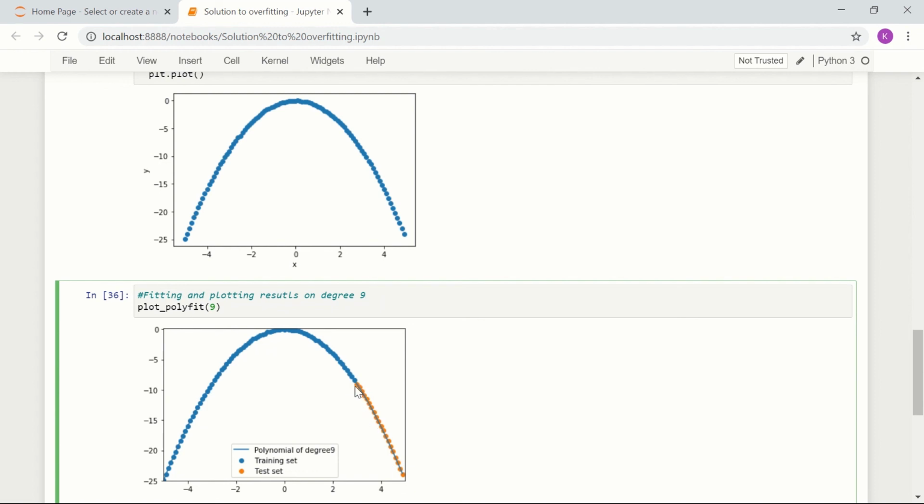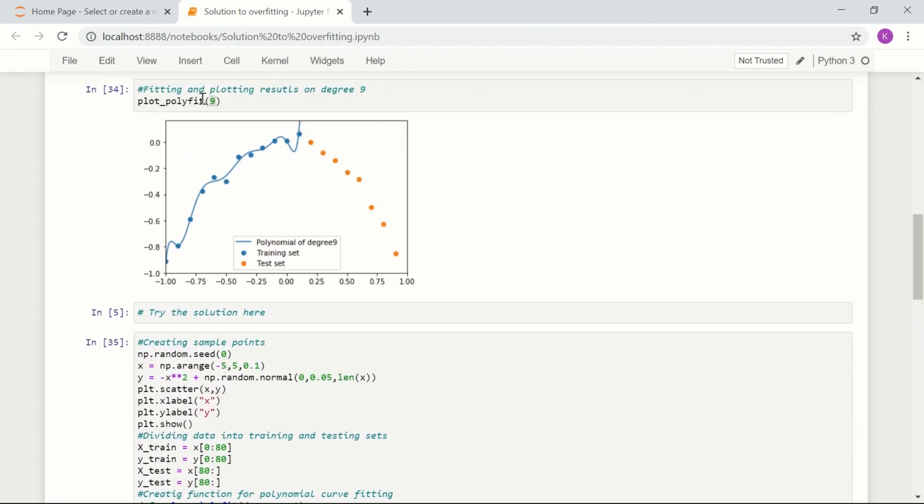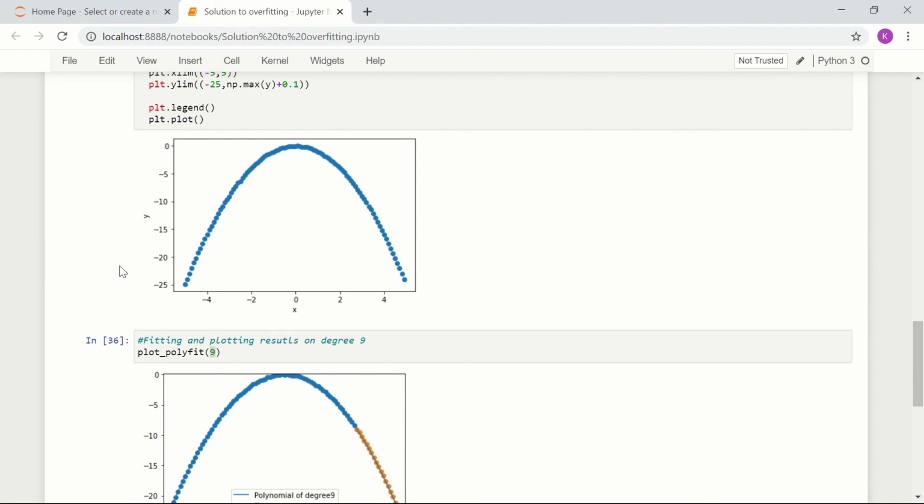As we can see here, the blue line is exactly passing through these yellow points, which were testing data. It is polynomial degree 9, and we also used polynomial degree 9 before. But when the data was less, it was going towards overfitting, and when we increased the data, the overfitting was gone.